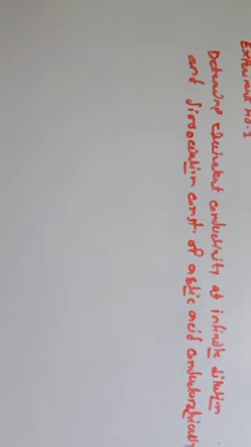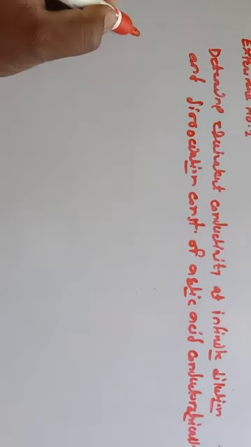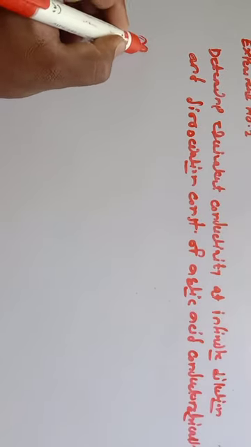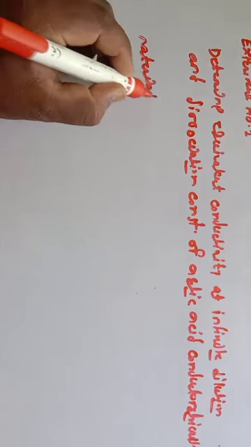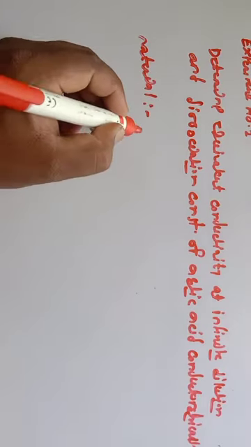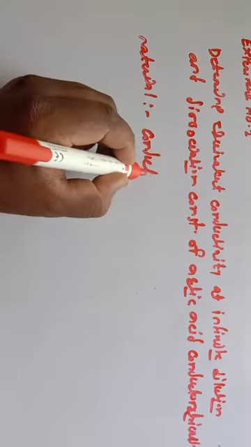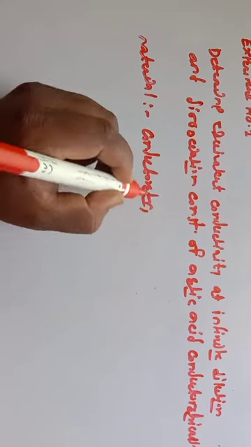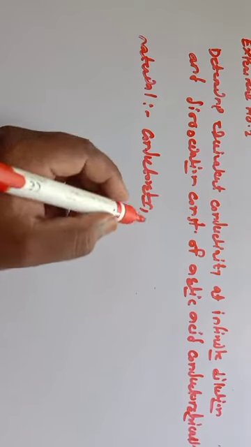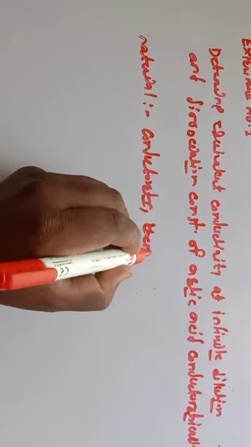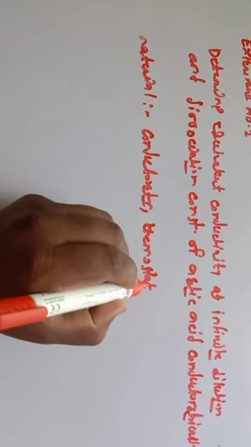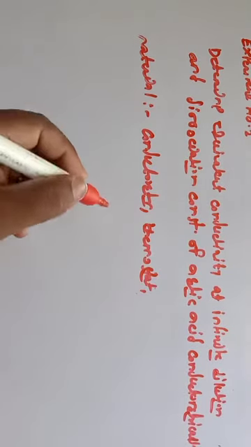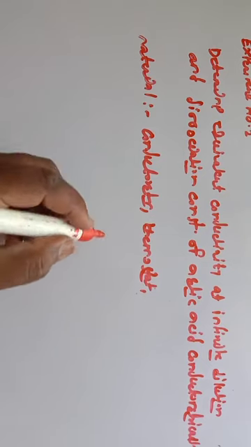So first, what is the material we require for this experiment? We require the instrument, that is the conductometer, and then we require a thermostat, and the conductivity cell. Then we require water.